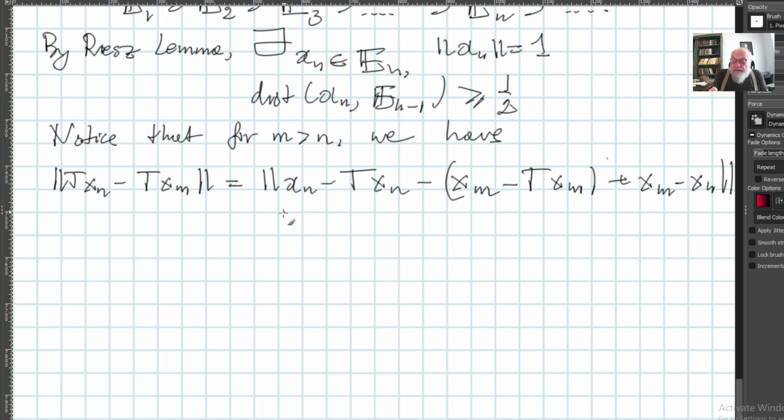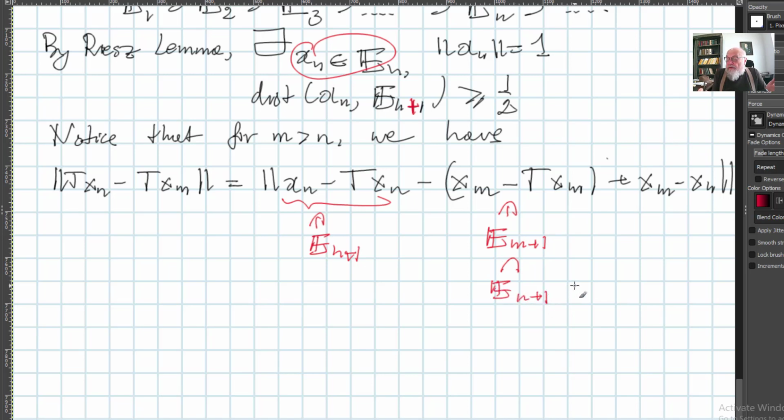And now I say, okay, that one belongs to En plus 1, because xn belongs to En, and that one is contained in E(n+1). And that one belongs to Em, but that one is contained in E(n+1) because m is larger.